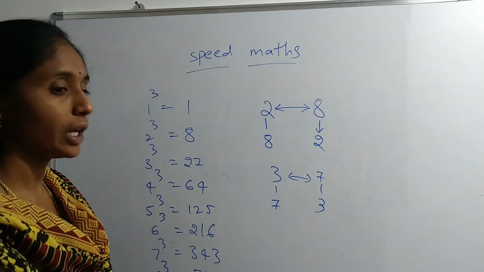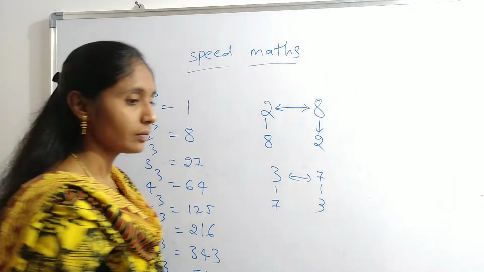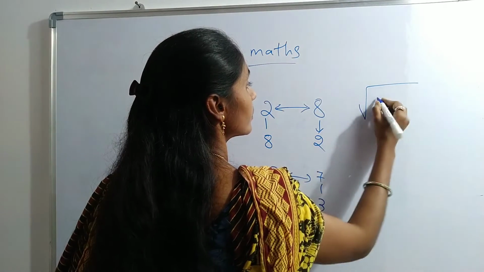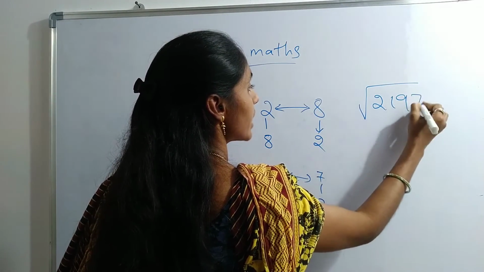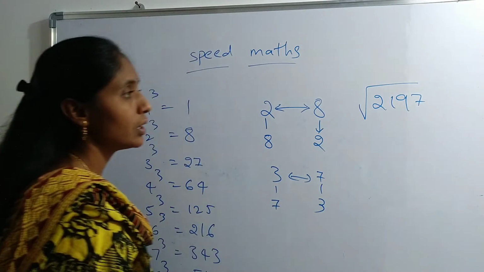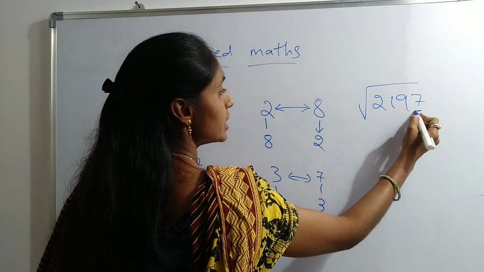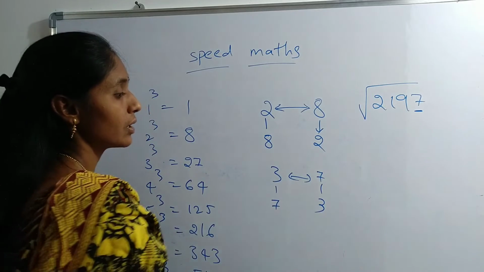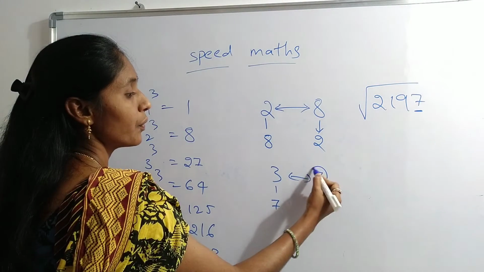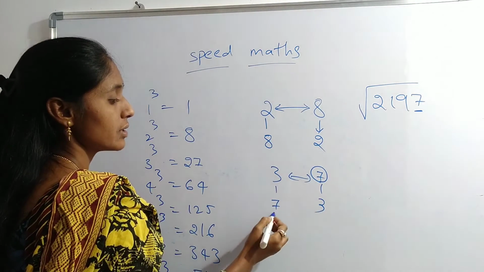Now let me take an example. 2197 is an example. The unit digit is 7.